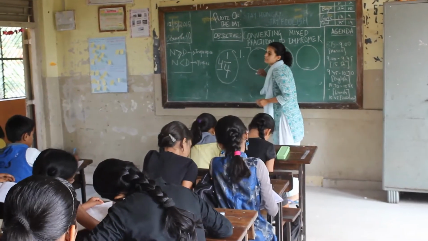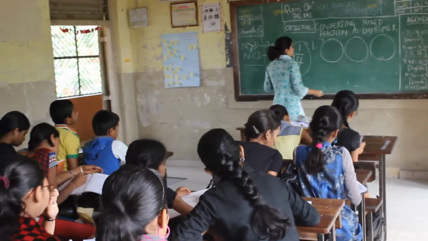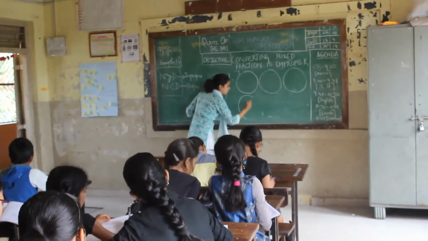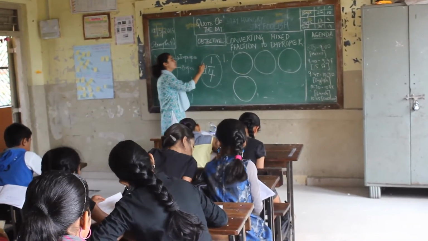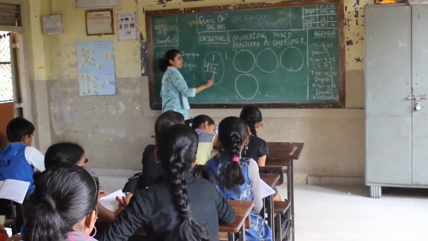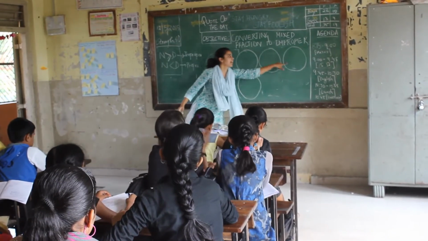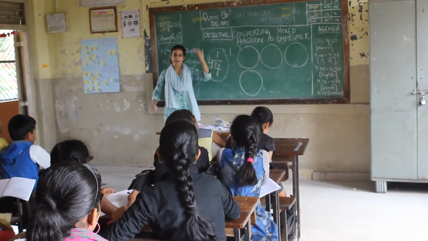If you write it while I am doing it, you will understand better. 4. So if I am saying 4 and 1/4, that means 4 chapatis I am eating fully. I am eating fully 4 chapatis.